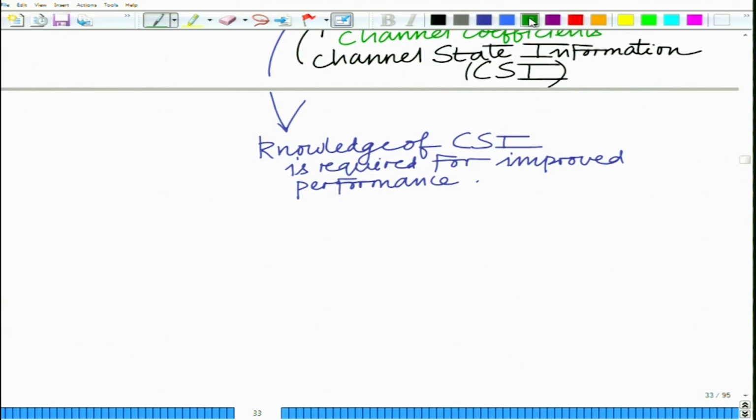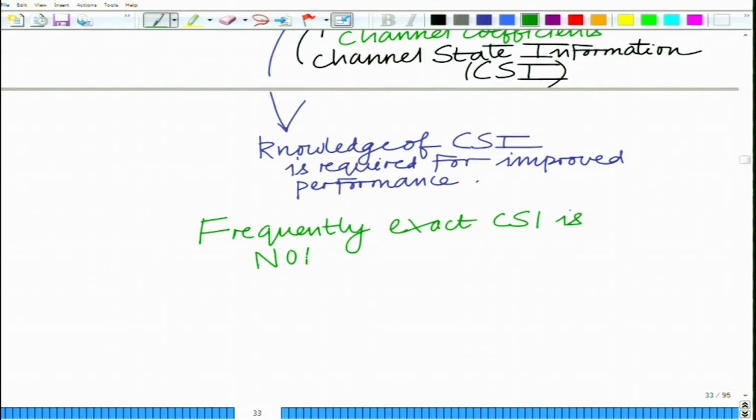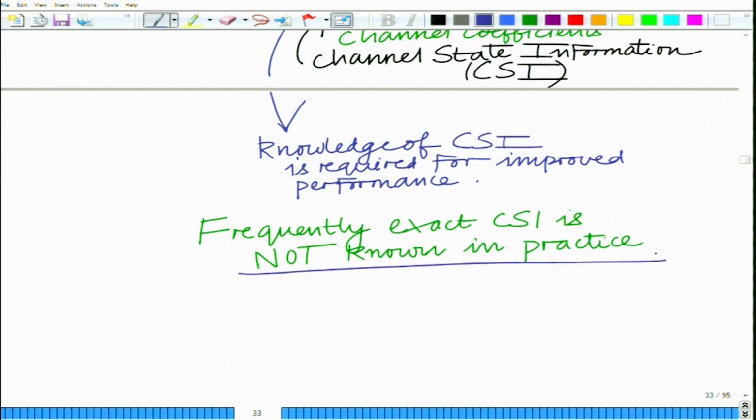However, frequently the exact channel state information is not known in practice.